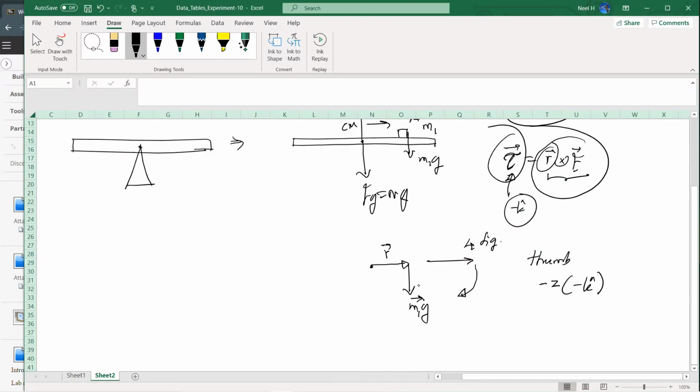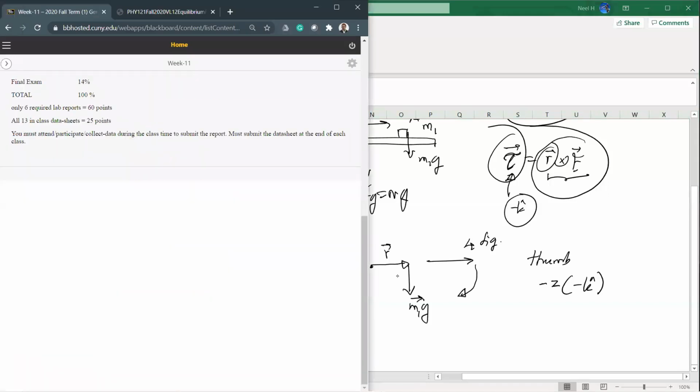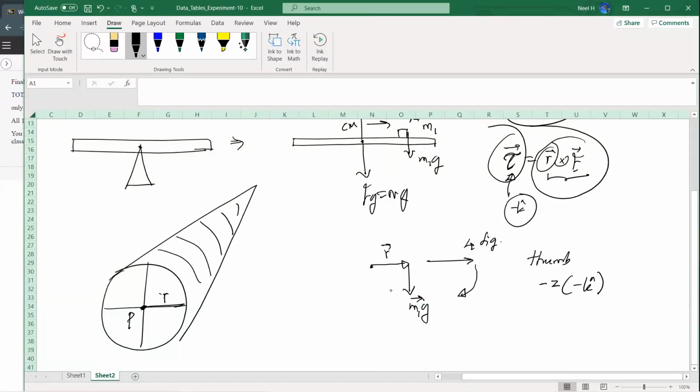If you consider this is a screw, and this is the fixed point, the point P, and you apply a force exactly r distance away from this point P in the downward direction, and try to rotate the screw in the clockwise direction, you can see clockwise torque is actually negative.